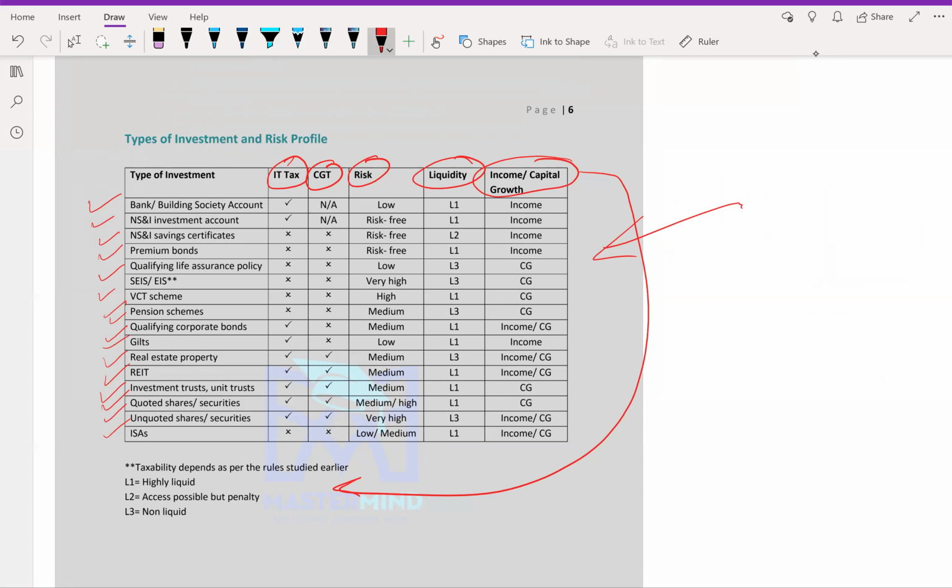If a person is 60 years of age, you don't want to give him a heart attack by asking him to invest in, let's say, a SEIS, because that's very high risk. He's probably living on his pension, and you're asking him to put all his hard-earned eggs in a very small basket that has a very high probability of breaking, and then all the eggs would fall down and break.